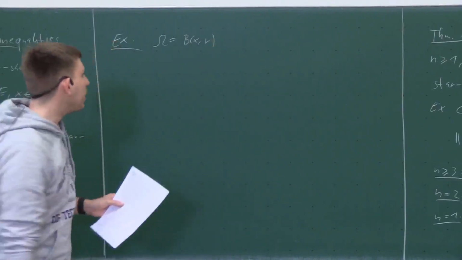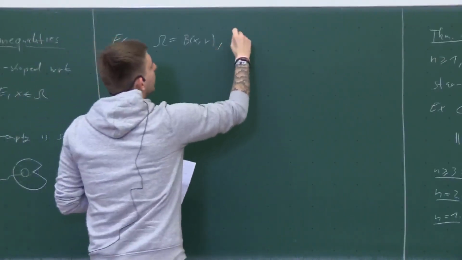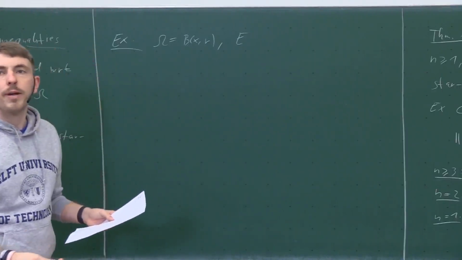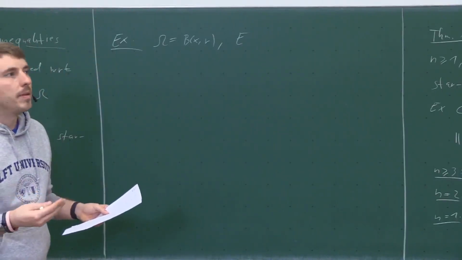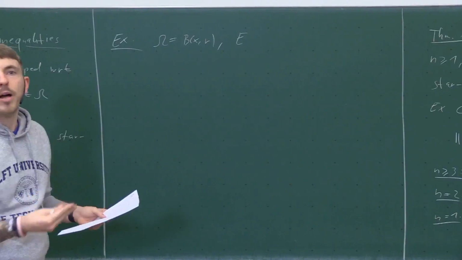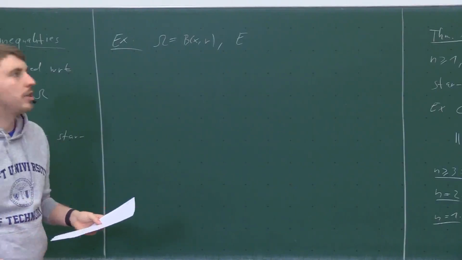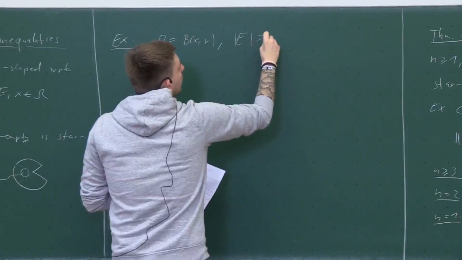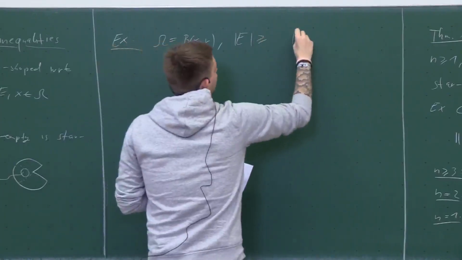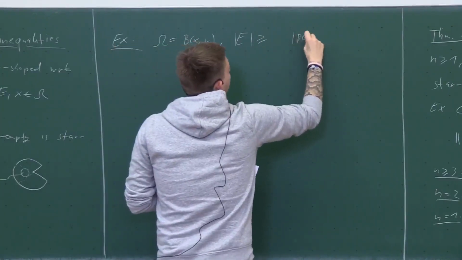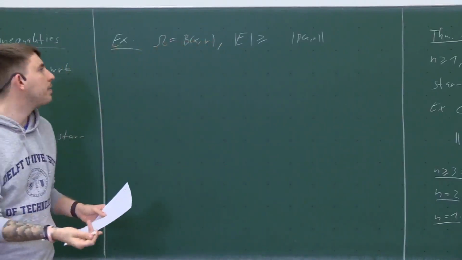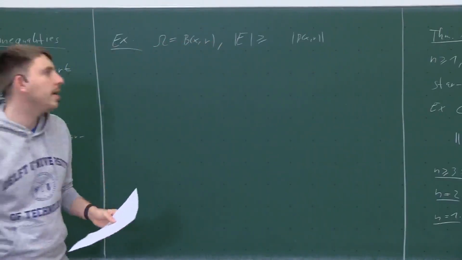B(x,R), and as E, we take a subset of omega which has a measure that is lower bounded by the measure of omega. So I want to have that the measure of E is at least, okay, here I write first the measure of B(x,R). So this can of course not be if E is not exactly B(x,R).